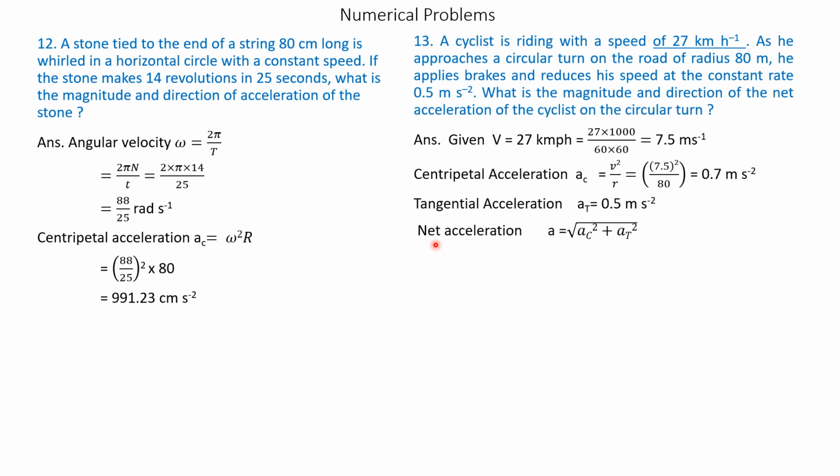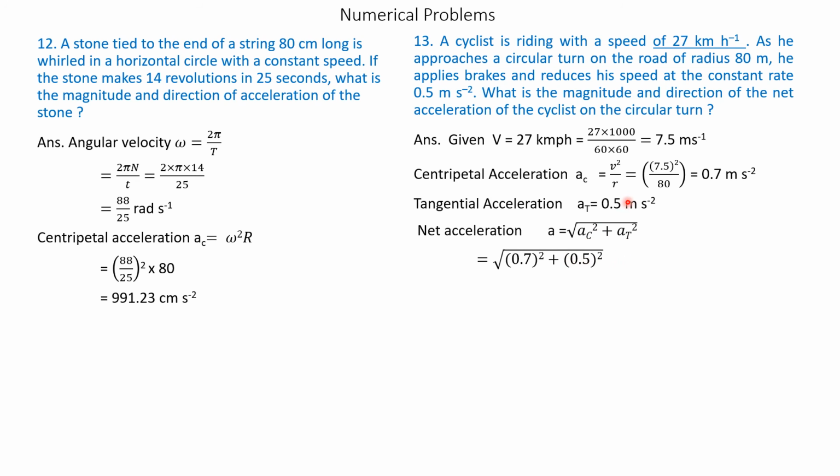So, therefore, net acceleration is given by the formula A is equal to square root of AC square plus AT square. That is the vectorial addition. Magnitude is A is equal to square root of AC square plus AT square.